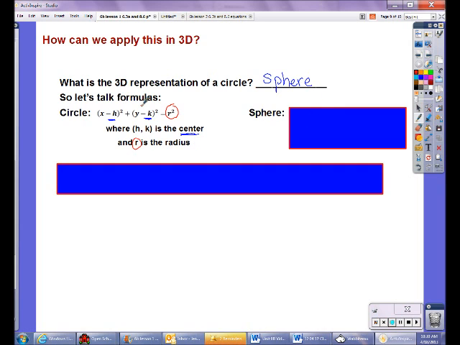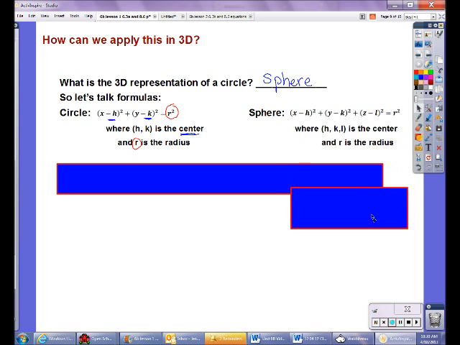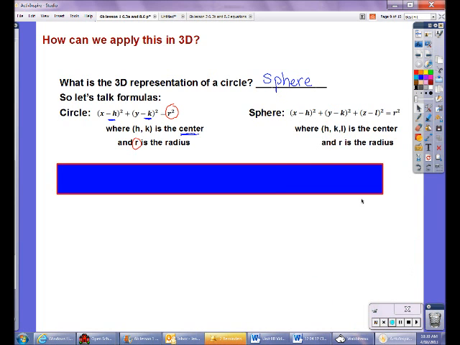Well, instead of just x and y, when we're in 3D, we have x, y, and z. So instead of just h and k, we have h, k, and l as our center point. Once again, our center point is just being subtracted from x, y, z. And the radius is still on the other side being squared.